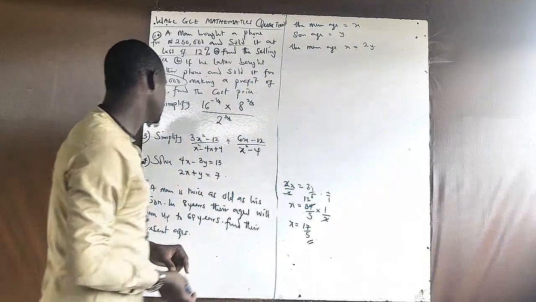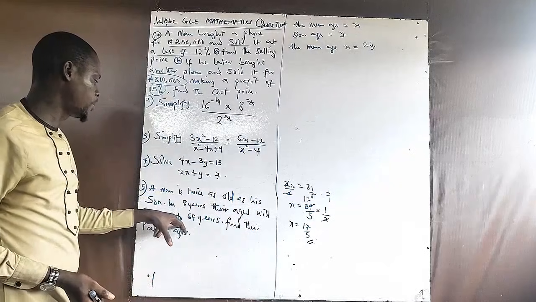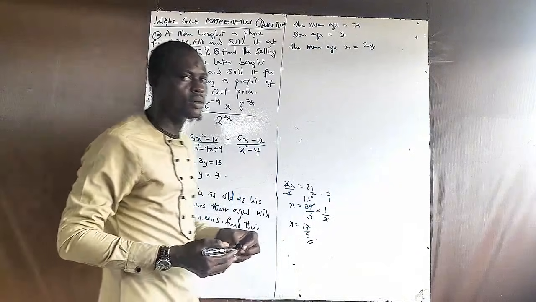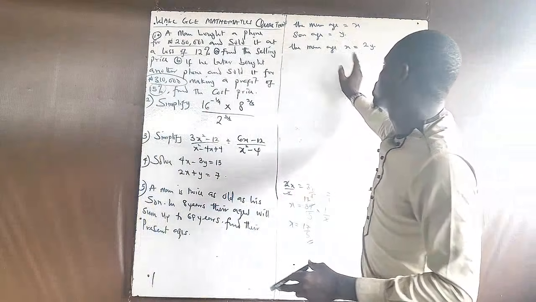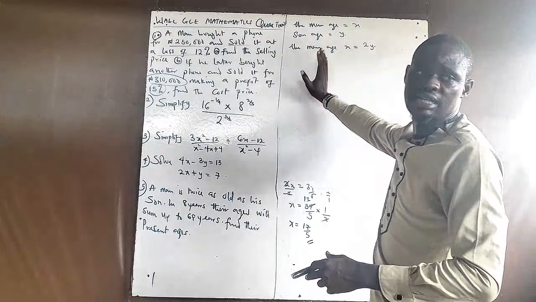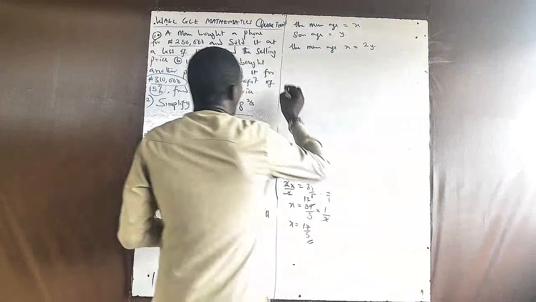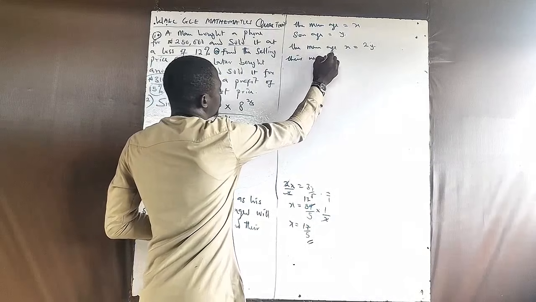Now, the next part says in 8 years, their ages will sum up to 68 years. When it says in 8 years, it simply means to the man's age we are going to add 8 years, and to the son's age we are going to add 8 years. So from here, what will be their new ages?